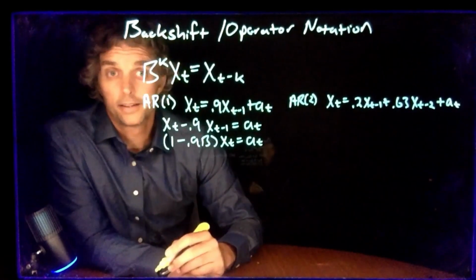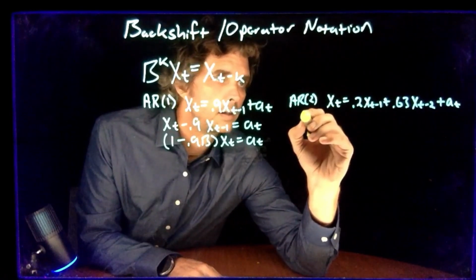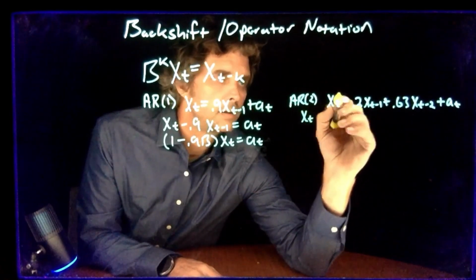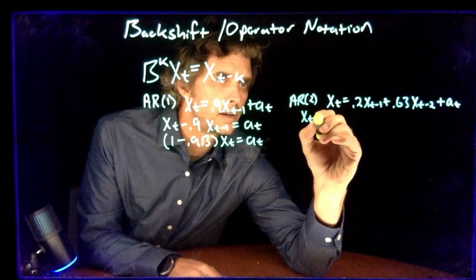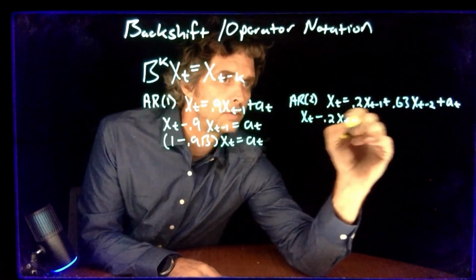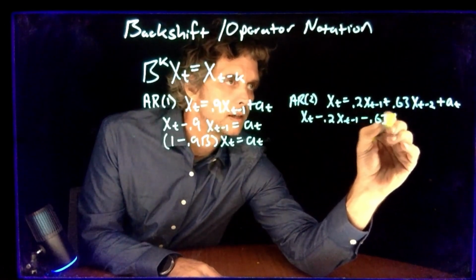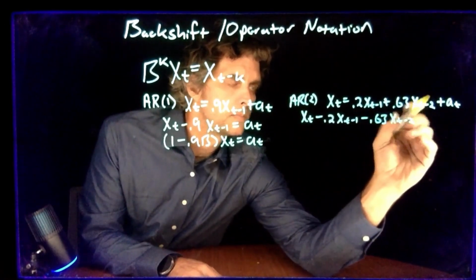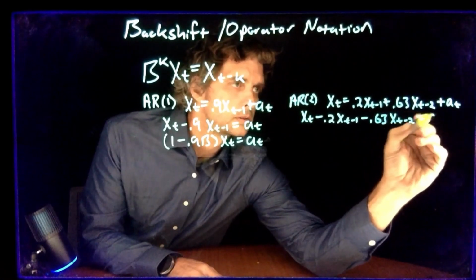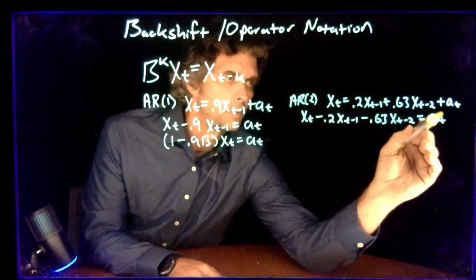So putting that into backshift notation, actually let's get all the x's on one side first: x_t minus 0.2 x_{t-1} minus 0.63 x_{t-2} equals a_t.